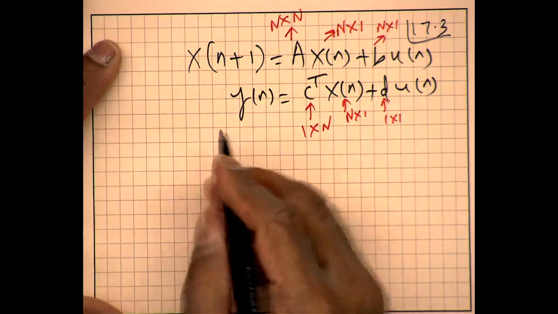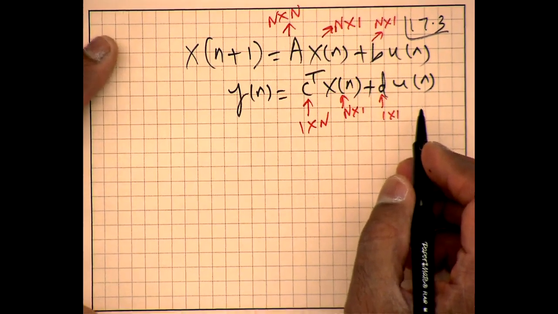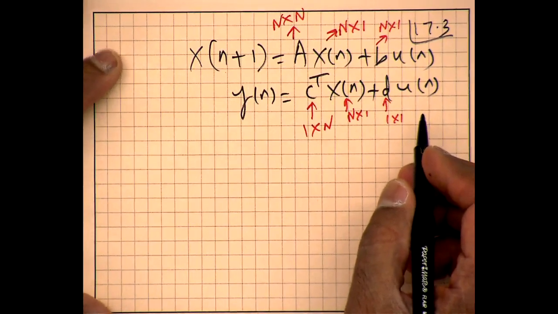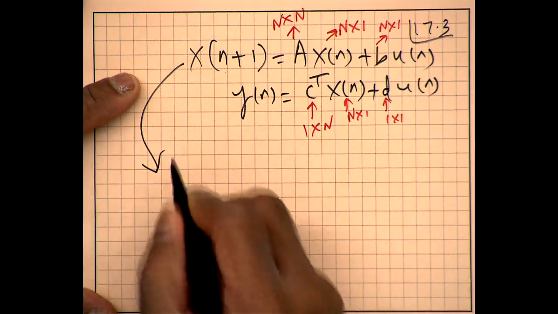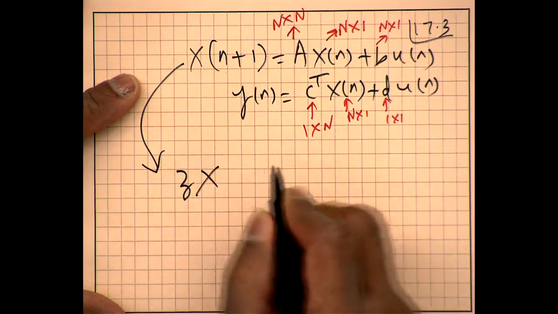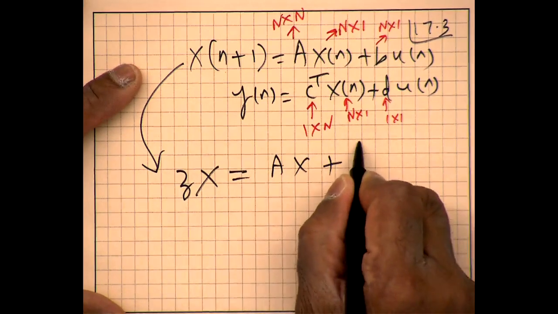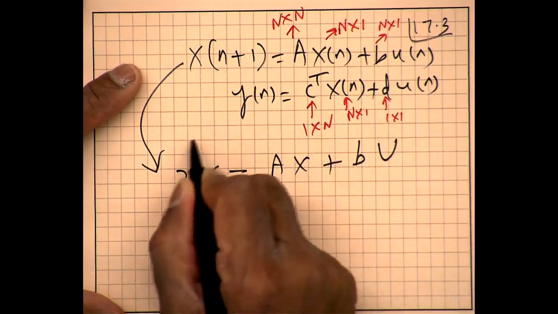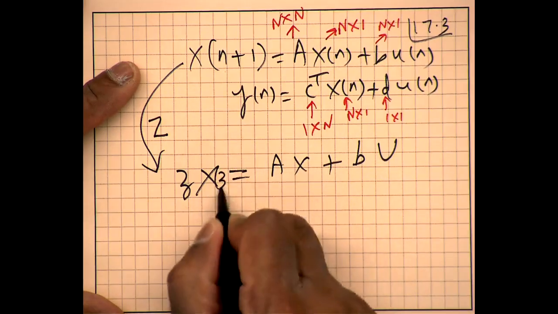So if we describe this, any thoughts about what might be the transfer function H from the state space representation? If I simply call this zX equals AX plus Bu, this is in the z domain. Take the z transform.